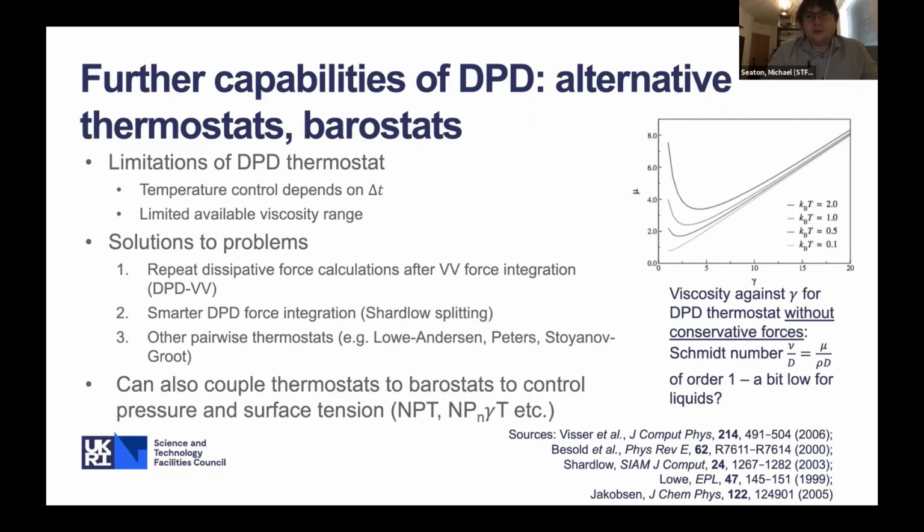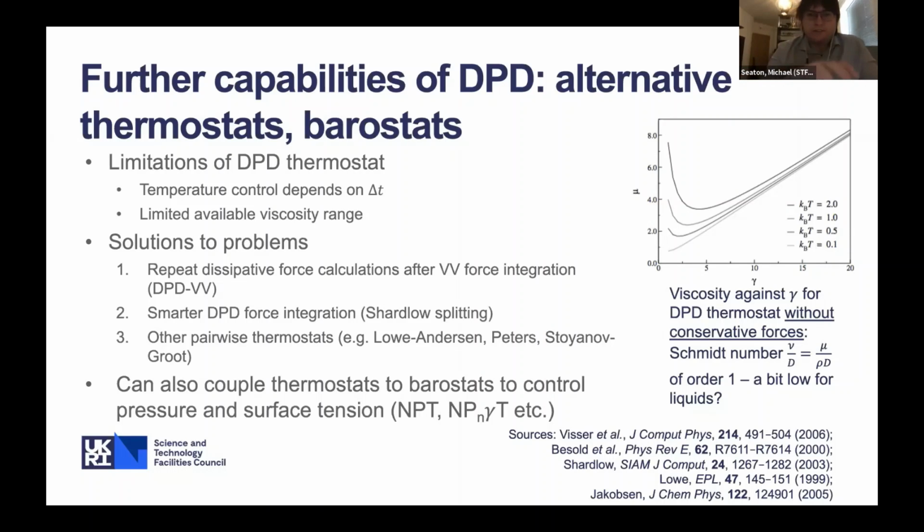And there's another problem with it: as I mentioned, there's a complex relationship between viscosity and the dissipative force parameter, and that relationship is shown in the graph here. But the other thing to note is that the range of viscosity is more typical of gases than liquids.